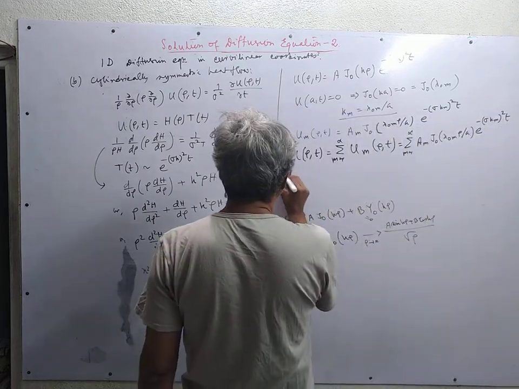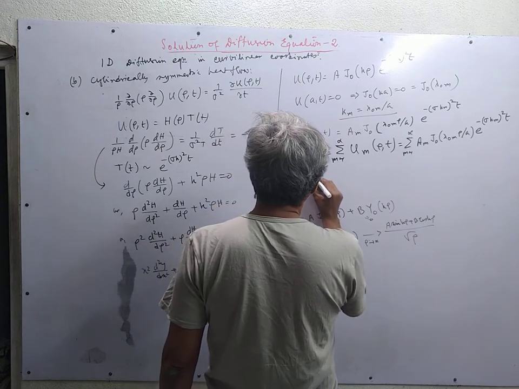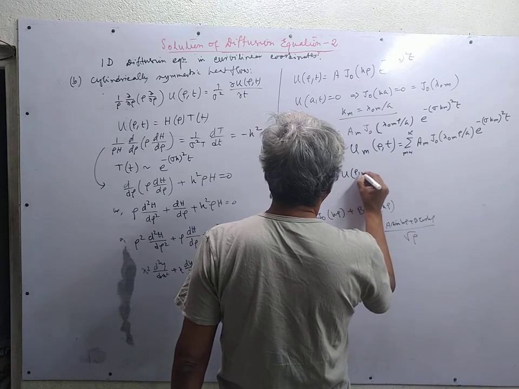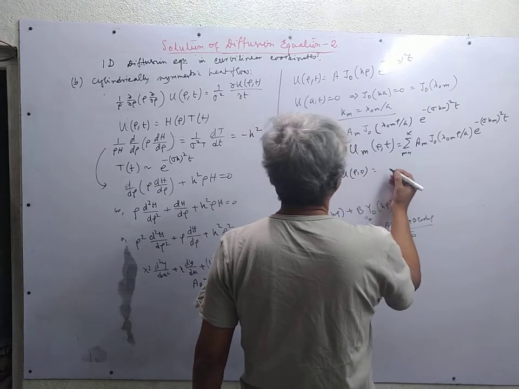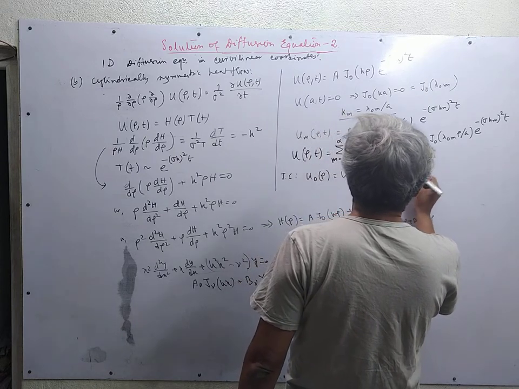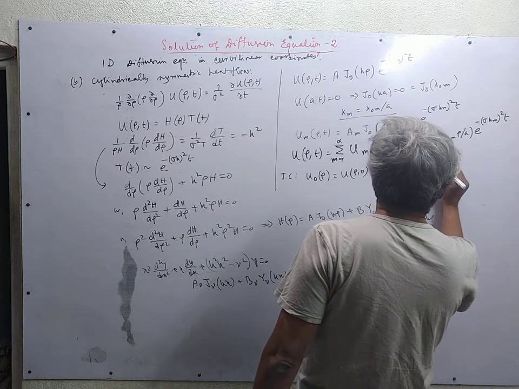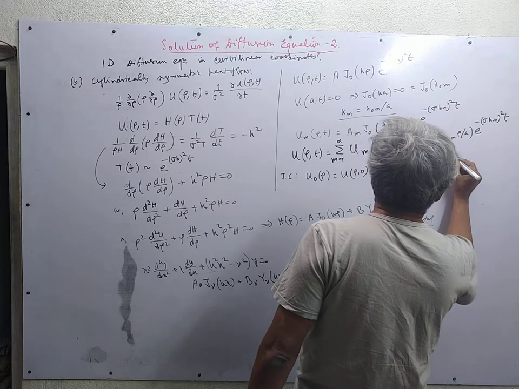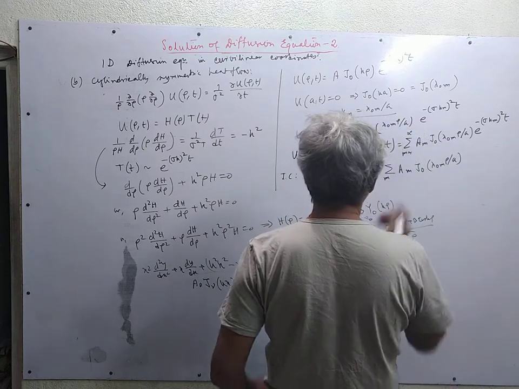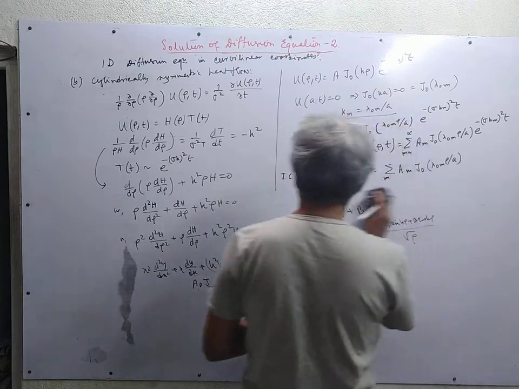Now the initial condition is u0 of rho is equal to u of rho, 0. This is equal to summation over m of am J0 of lambda 0m rho by a. This is the initial condition.